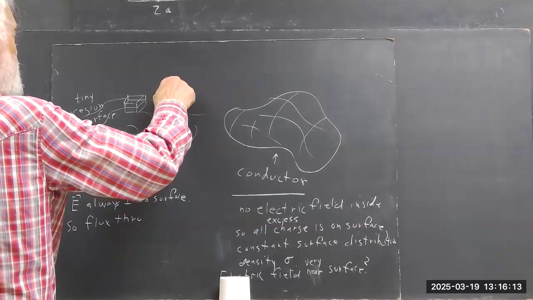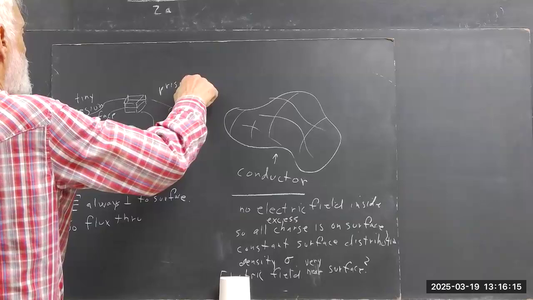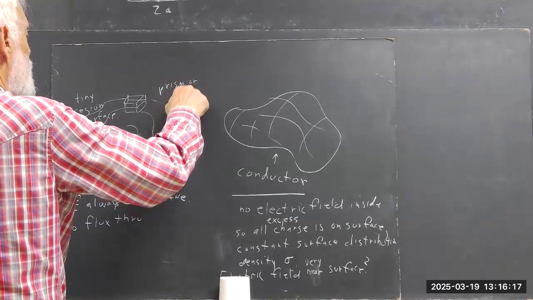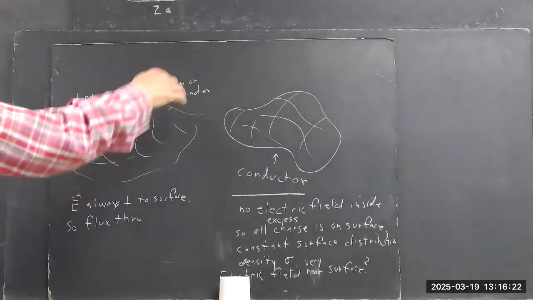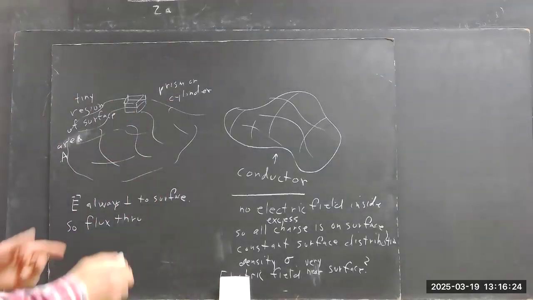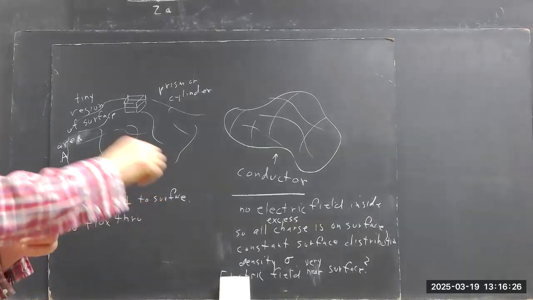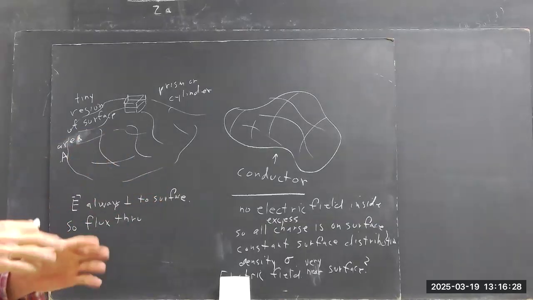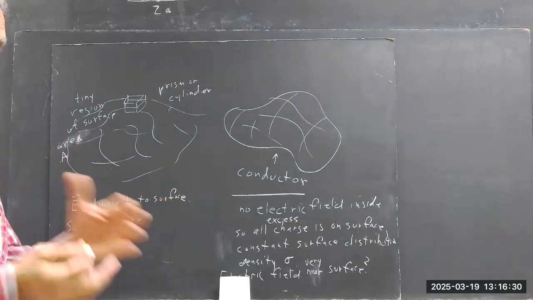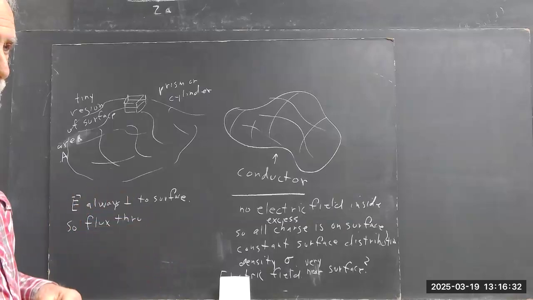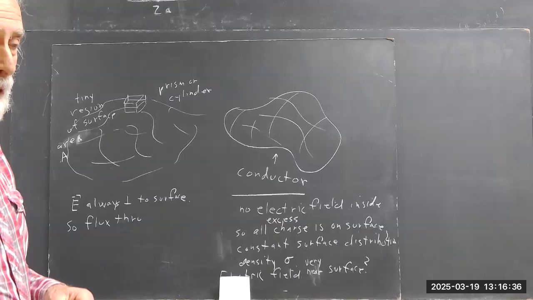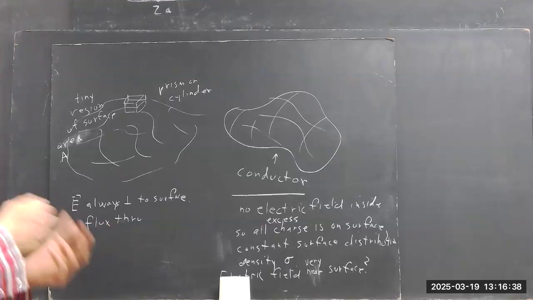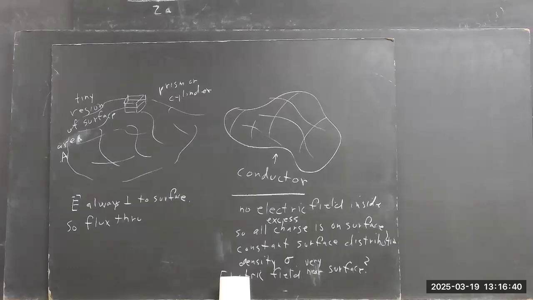So here's a prism. Cylinder, depending on whether this thing has lines for its boundary, like a square or an octagon or something like that, or some irregular multilateral polygon.